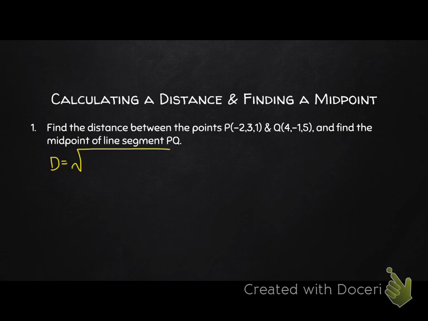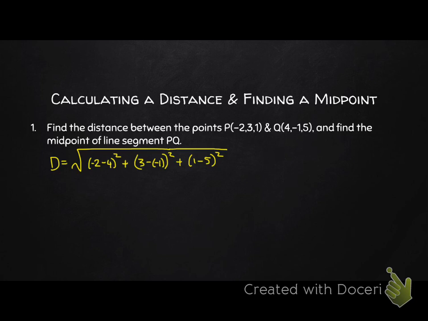So let's say we do (-2 minus 4) squared plus (3 minus -1) squared, and then plus that additional z part, so (1 minus 5) squared.